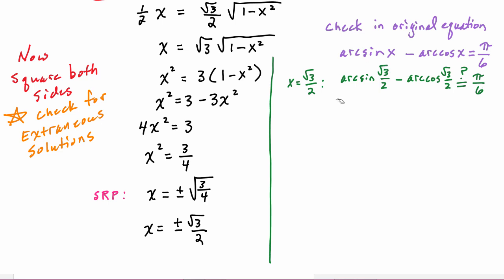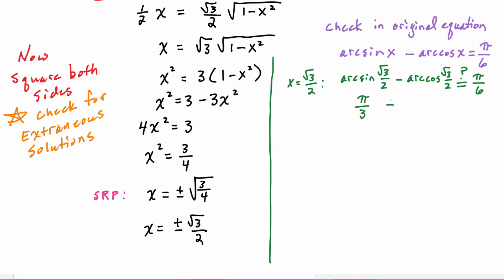Remember, the output of an inverse trig function is an angle. So you are thinking in your mind, what angle has sine theta is radical 3 over 2? And that angle would have to be pi over 3.